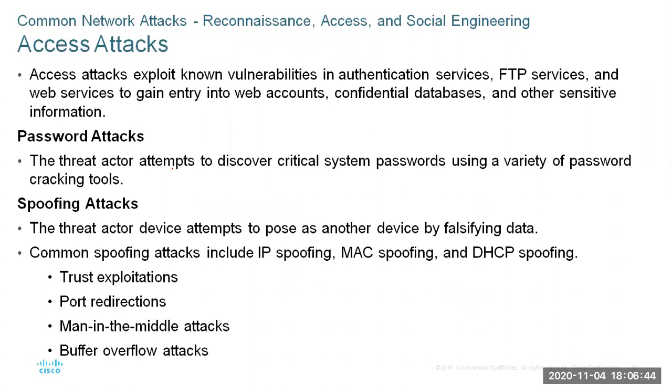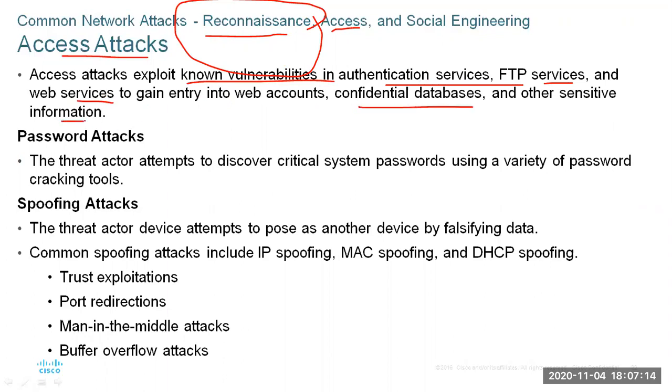Now, the next one after reconnaissance attack is the access attack. Access attacks exploit known vulnerabilities, meaning that you have already learned the vulnerability by gathering information using reconnaissance. These are known vulnerabilities in authentication services, FTP services, and web services, used to gain access to web accounts, confidential databases, and other sensitive information.